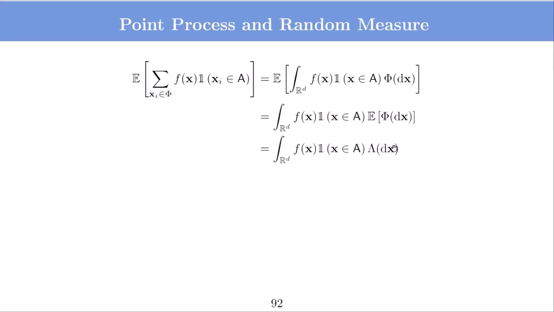The average number of points in a set is capital lambda by definition. So capital lambda of A is the mean number of points in set A, and capital lambda of dx is the mean number of points in the interval dx. So what I get is a deterministic integration of f(x) times lambda(dx) over set A.